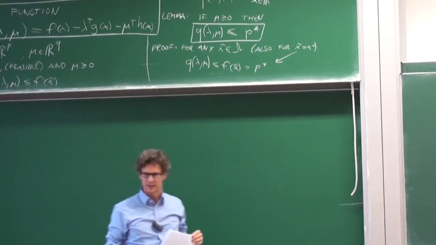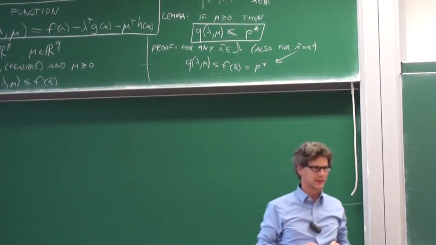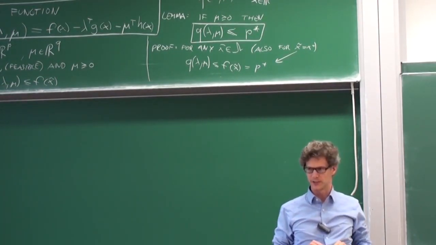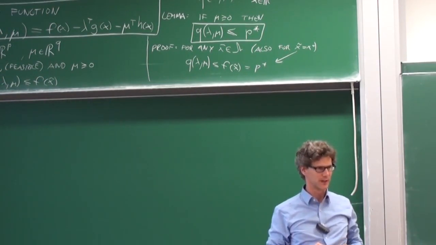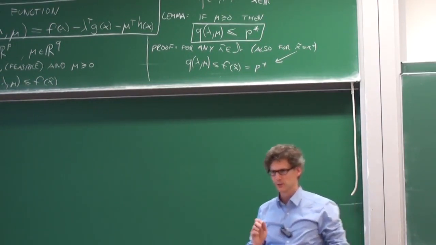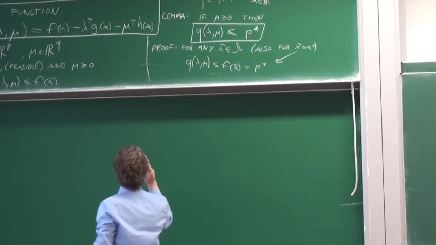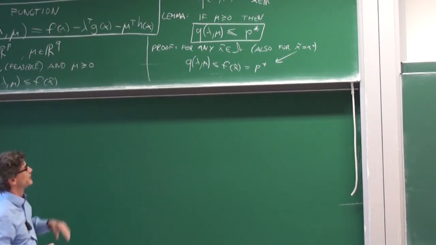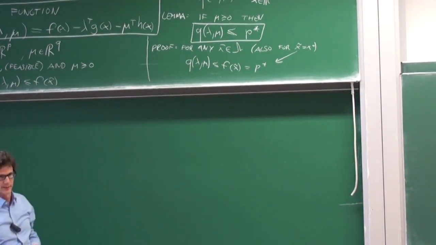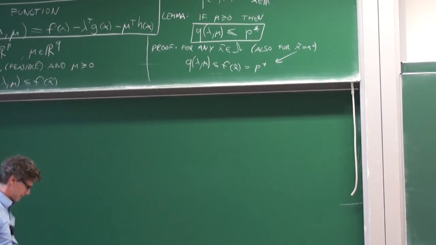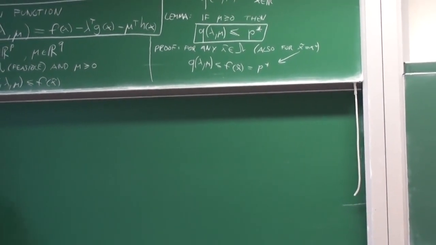One very interesting thing about this dual function is that it turns out to be a concave function. It's always concave, just by definition of this whole thing. This is something I want to prove. It's theorem 4.3.